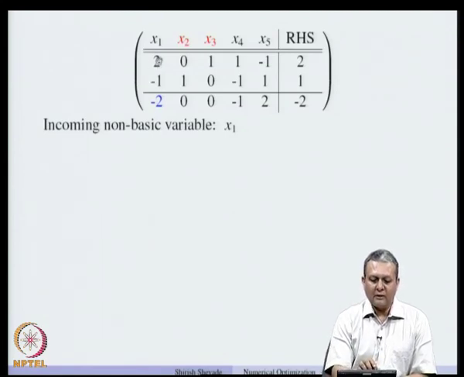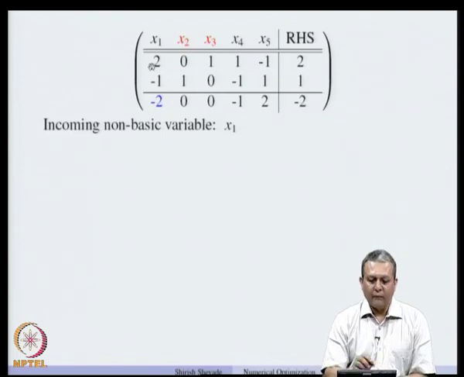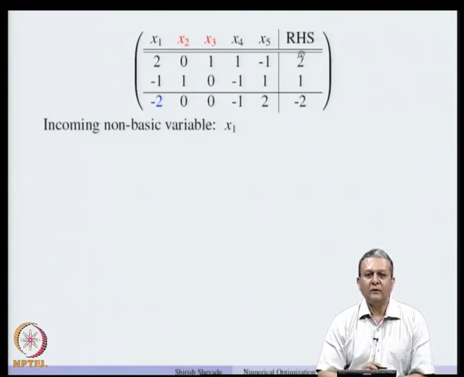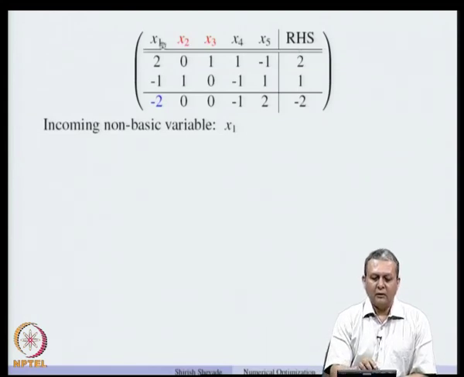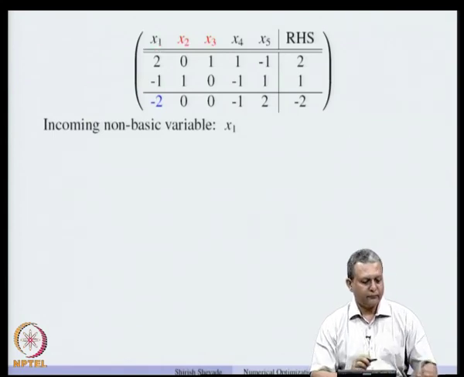In this case only the first row's entry is positive, so we take this ratio, and obviously that is the minimum one. The first row corresponds to the basic variable x3, so x3 is the basic variable which will leave the existing basis to make an entry for x1 to become a basic variable.